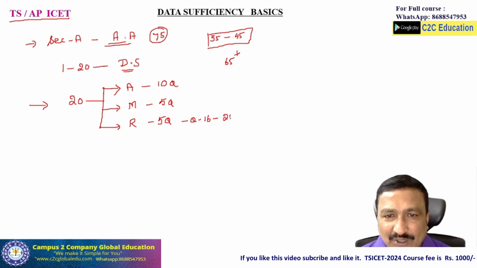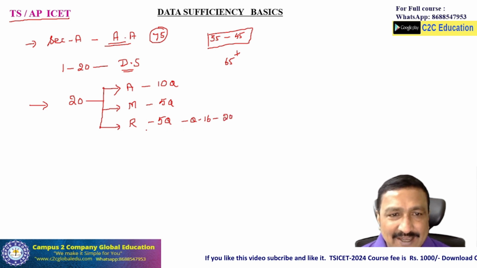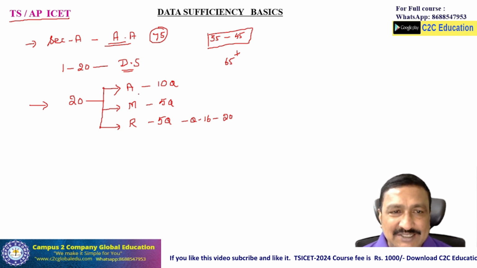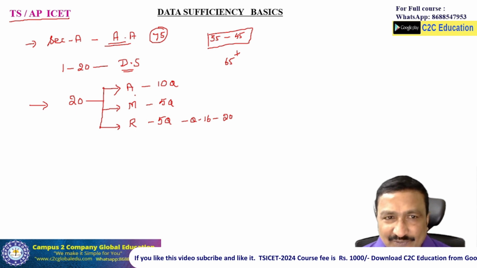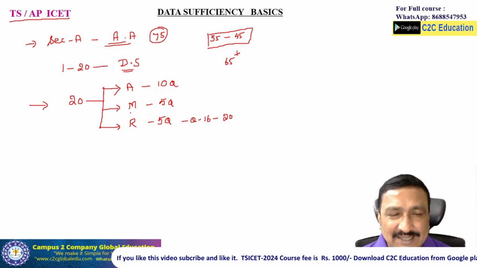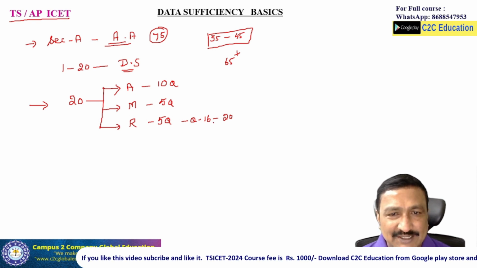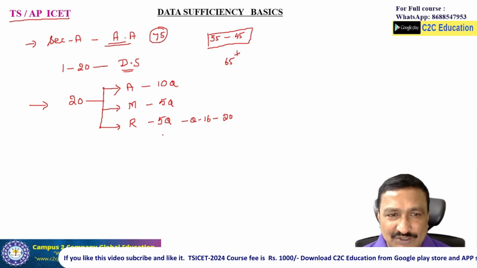So if you are very good in reasoning, go directly to question number 16 to 20 and answer these 5 reasoning questions from data sufficiency. But generally they ask these 20 questions from these 3 areas: arithmetic 10 questions, mathematics 5 questions, and reasoning 5 questions. So the total is 20 questions.